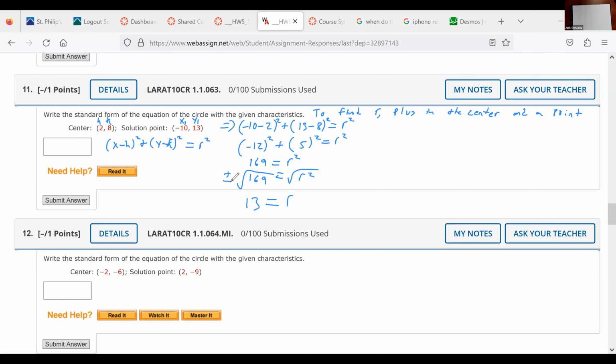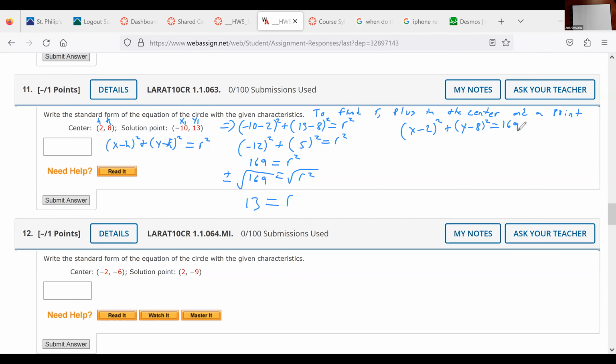But once you have it, the answer will be that they want x minus 2 plus y minus 8. Are there any questions about 11?